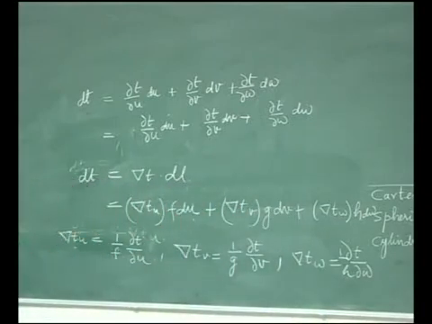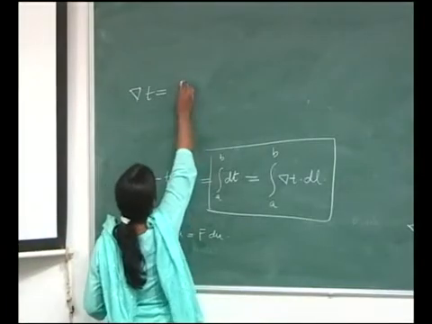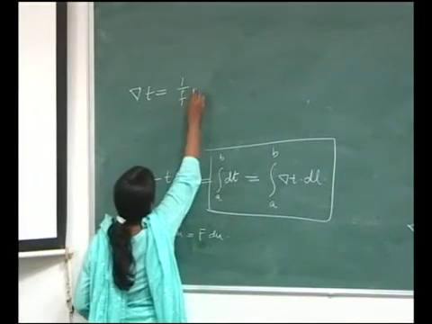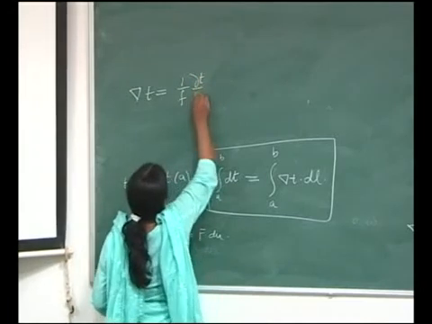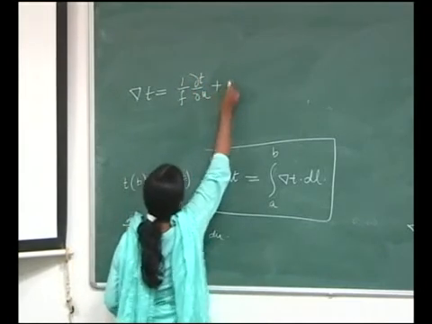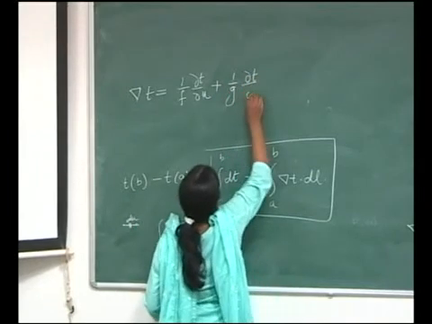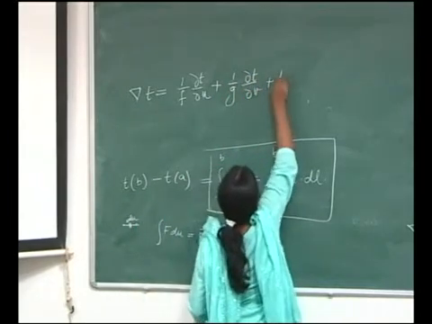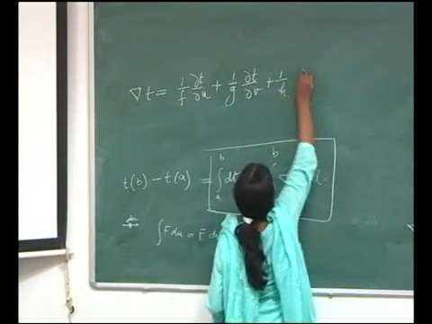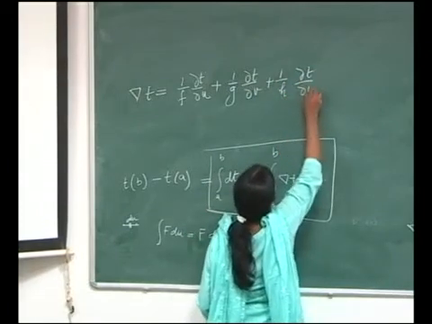So I get the gradient of t in arbitrary coordinates u v w as 1 by f del t by del u plus 1 by g del t by del v plus 1 by h del t by del w.